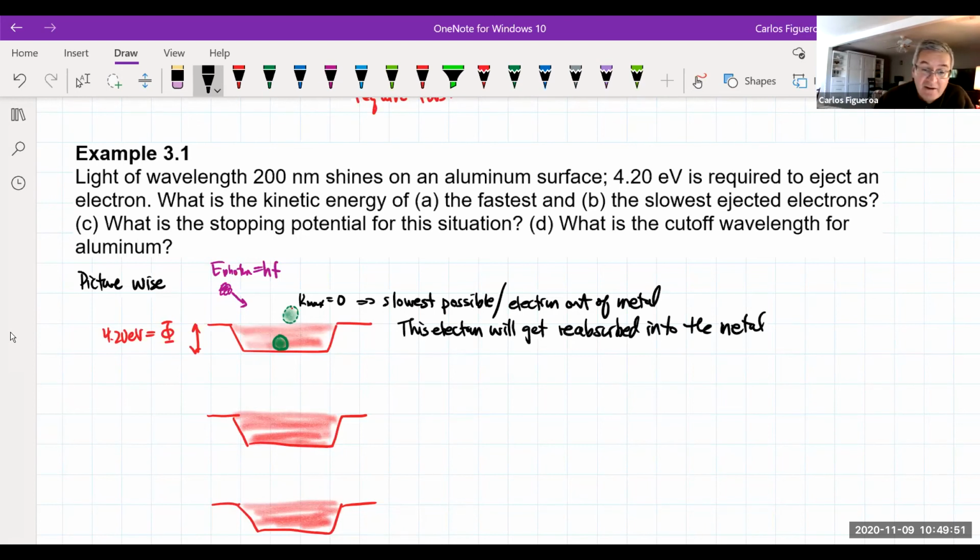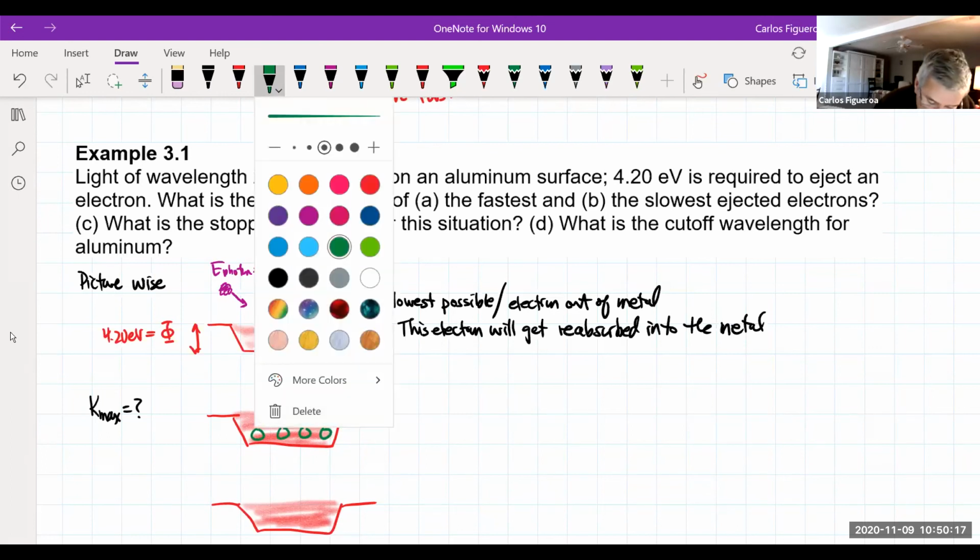So then, what do I mean by K max? What do I mean by K max? What you're finding in these metals is that you have a collection of electrons that are weakly bound. So that means I have electrons that look like this in that upper layer.